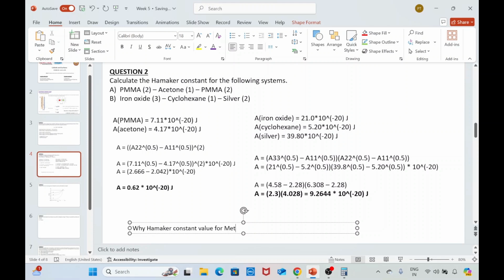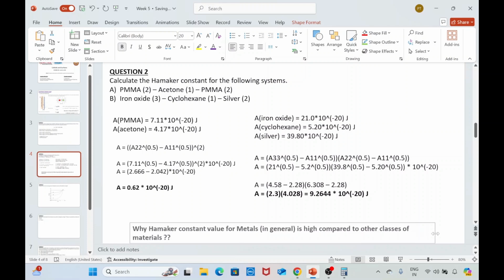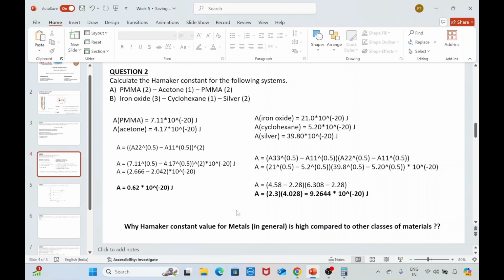I'll write in general metals. So this is the question.